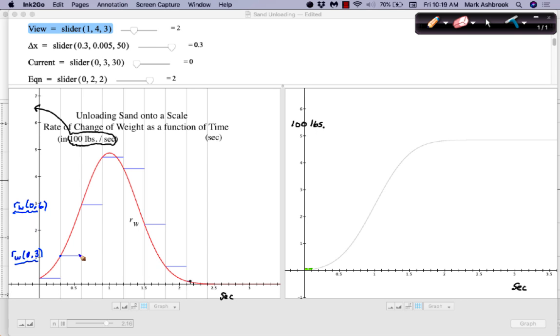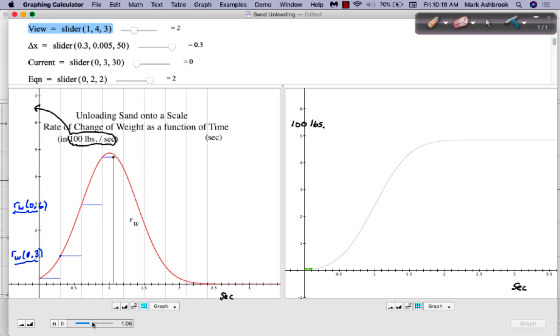All right, now what's the approximate accumulation at 0.8 seconds? I'm going to stop here, at 0.8. We show the graph emerging dynamically because there was some time when the sand was being unloaded and these points were generated one at a time.